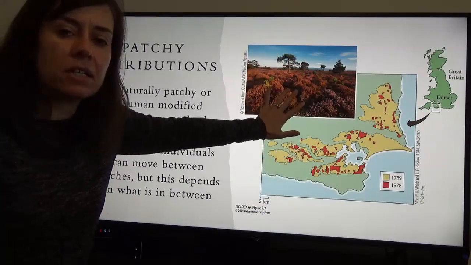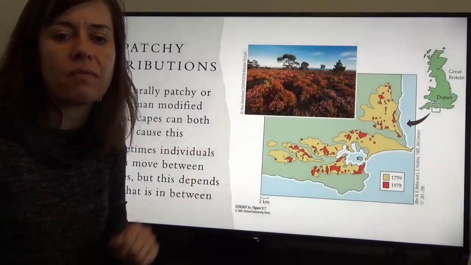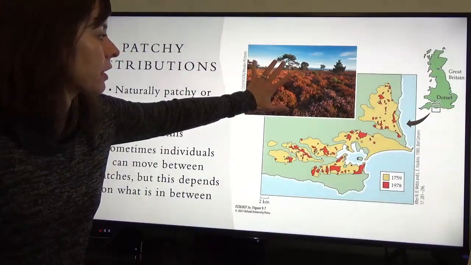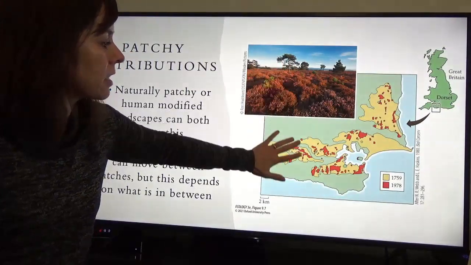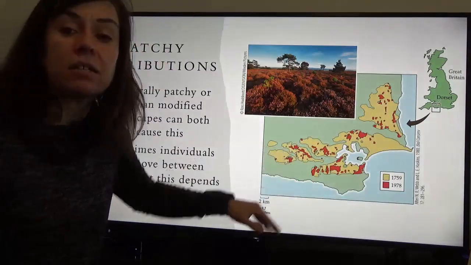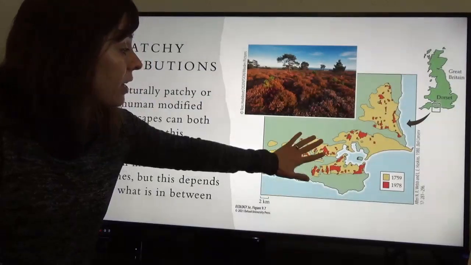So heathlands tend to be dominated by ericaceous shrubs. So you can think, a favorite ericoid is blueberries for many people. So ericaceous species dominate these heathlands. And you can see that in 1759, the extent of those heathlands was really broad and very contiguous.